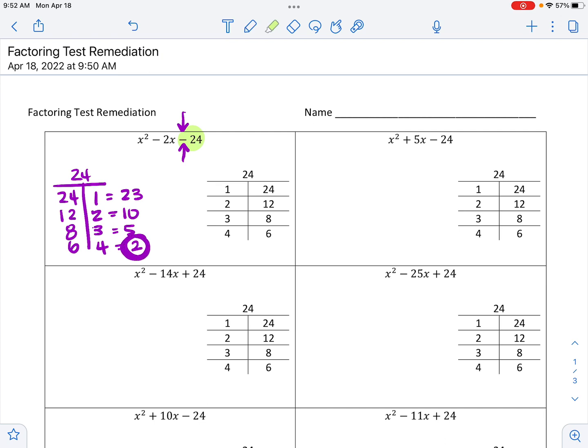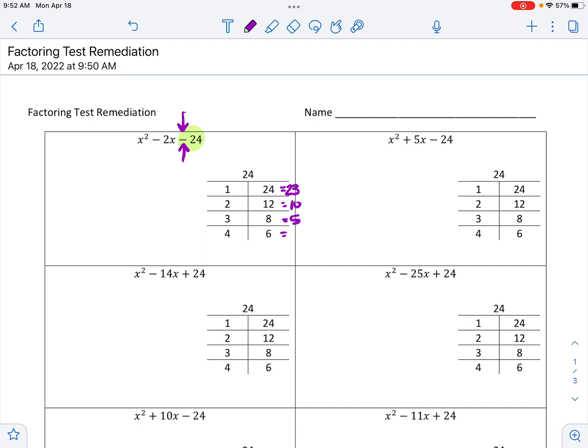This is going to be my pair. Not the 2, not the 24. The 6 and the 4. So I've subtracted them. I've determined that 4 and 6 are my pairs.